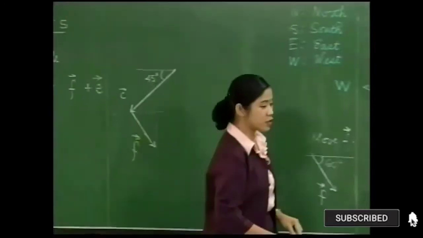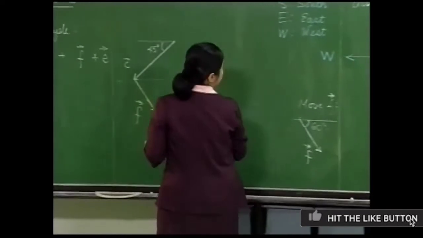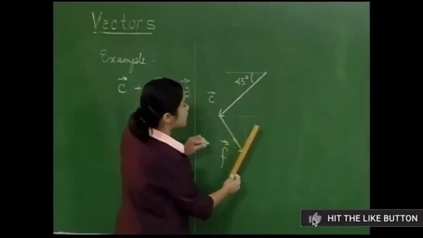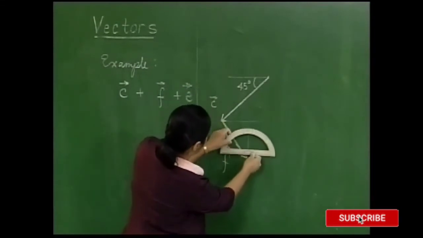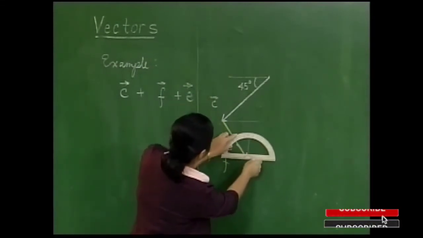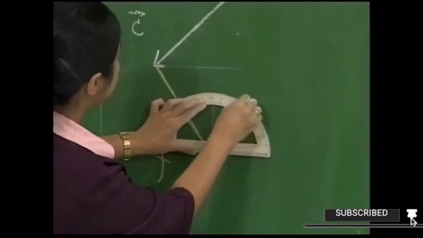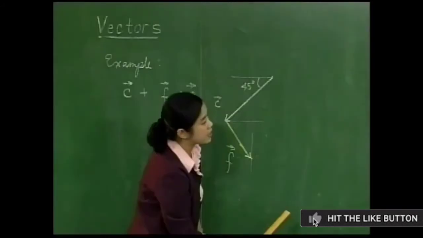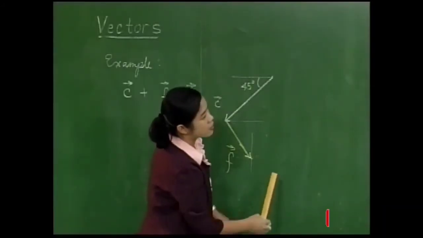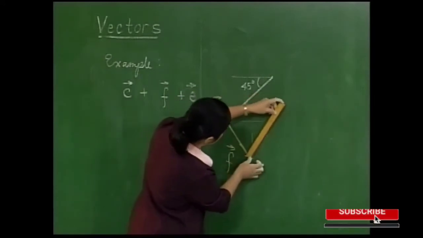And I'll get a different color. So vector E should be 30 degrees east of north. So I get my protractor again. 10, 20, 30. Okay? And it should be, how long? 30 centimeters. So 30 centimeters also.